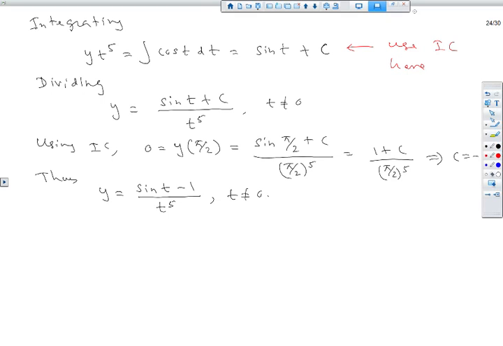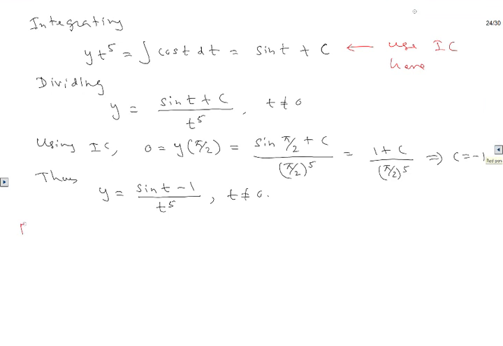So let's look at some exercise problems. This is exercise number 3.